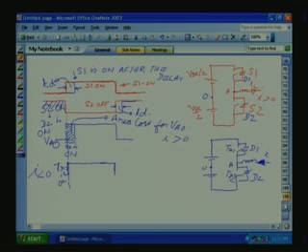Okay. At this point, the transistor is off. Here, at this point, transistor 2 is off. So, what happened?